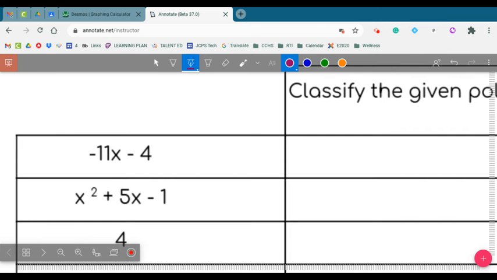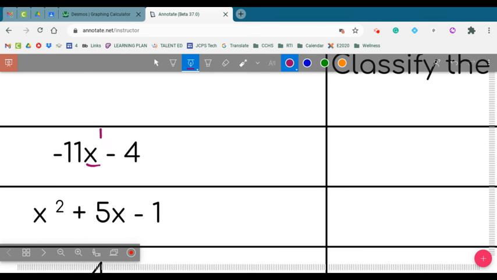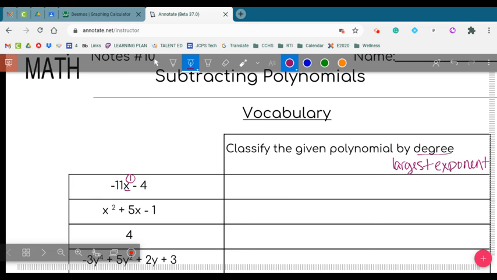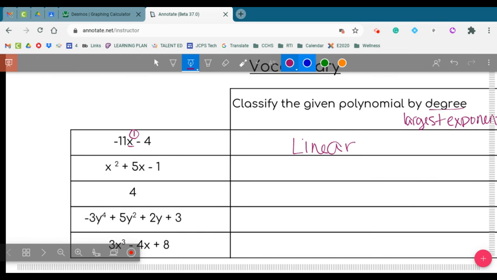On the first one, we have a variable x, so this exponent is 1. So our biggest exponent of 1 is linear. Next, our biggest exponent we see is 2, so this is going to be quadratic. Next one, we have no variable.